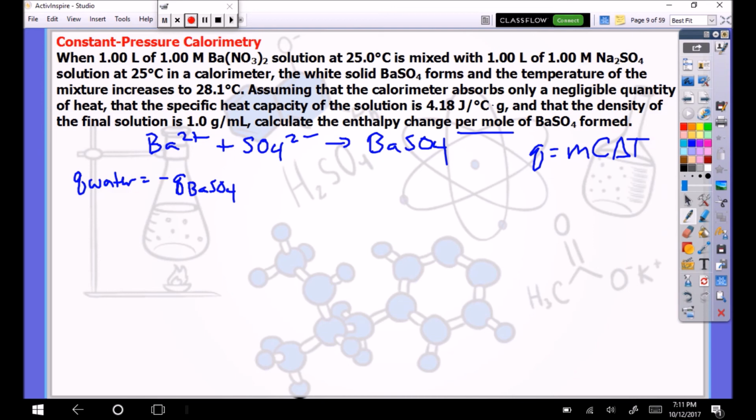So the negative can go either place. You can do negative Q water equals Q barium sulfate or vice versa, as long as you know that they're opposites, right? Because energy is being transferred. That's the important part.